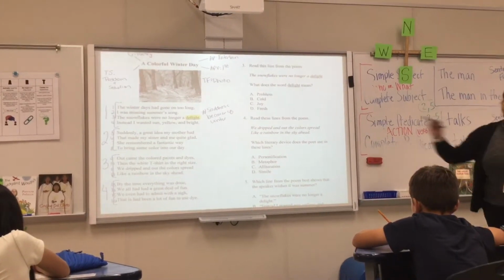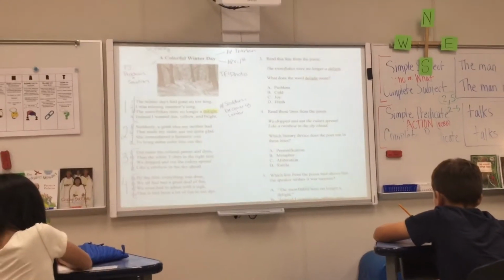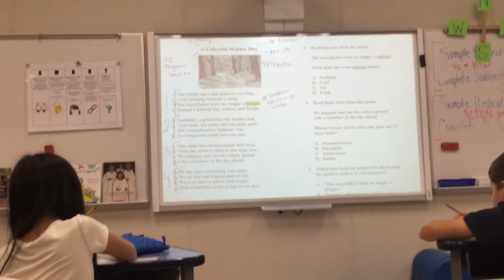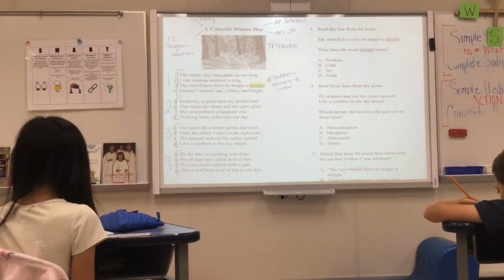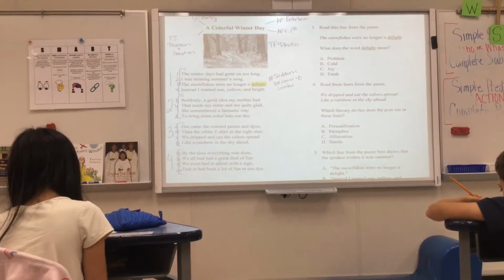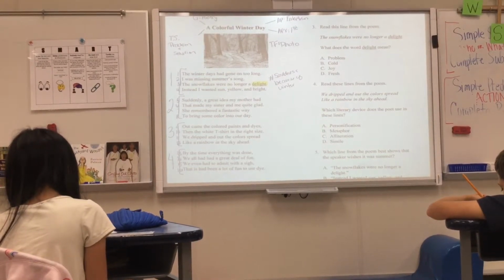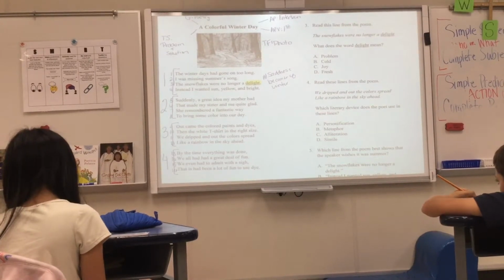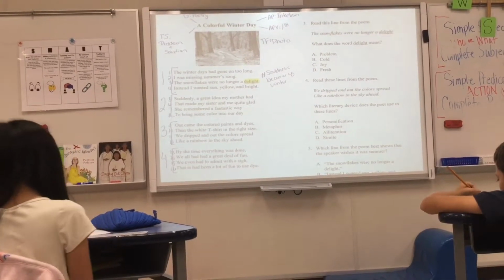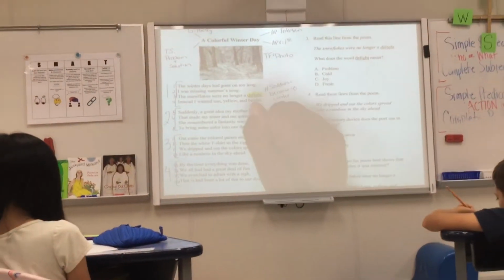Naomi, read stanza 2. Suddenly a great idea my mother had that made me, my sister and me quite glad. She remembered a fantastic way to bring some color into our day. So what's going on here?